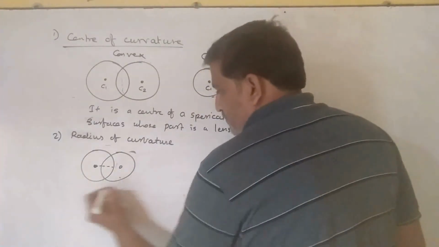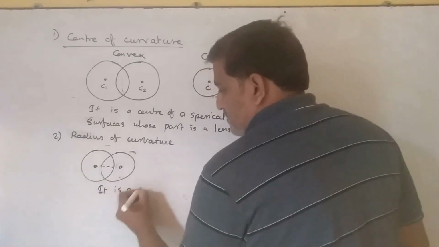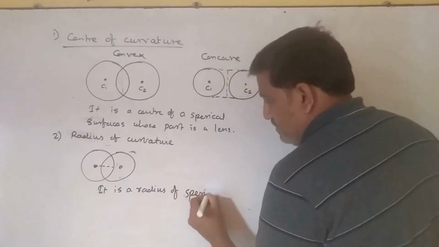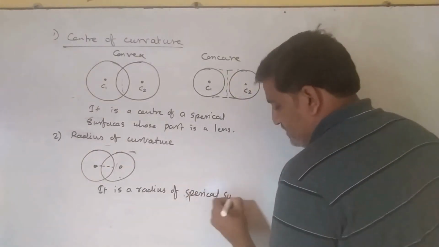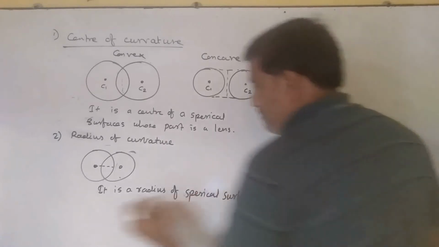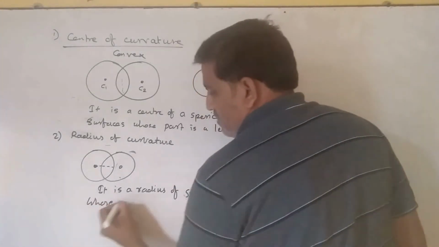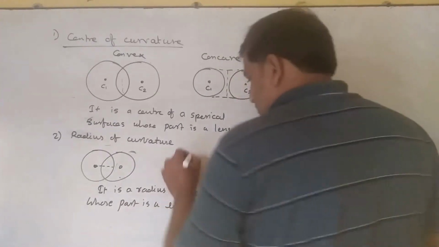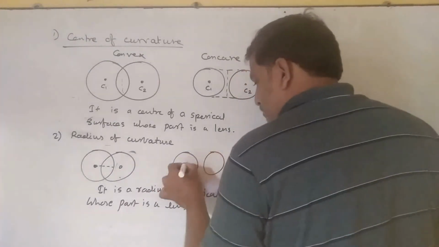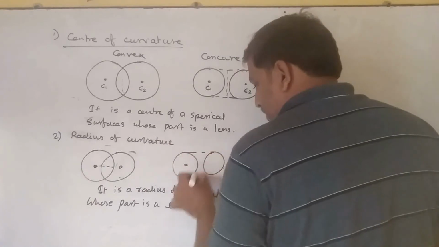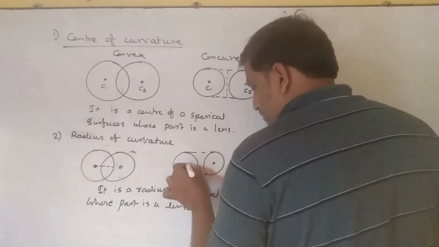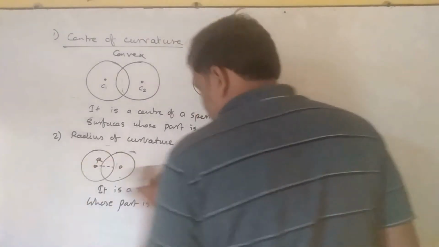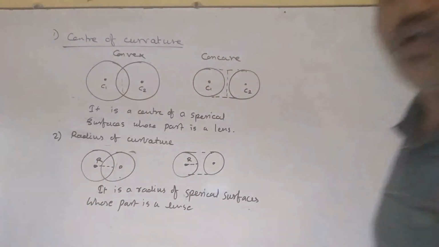Okay, so we can say it is the radius of the spherical surfaces whose part is a lens. In the same way, here also we can show this one is the radius of curvature, which is denoted by capital R. Okay.